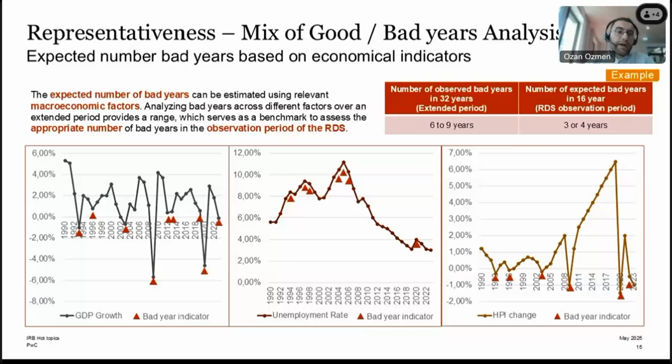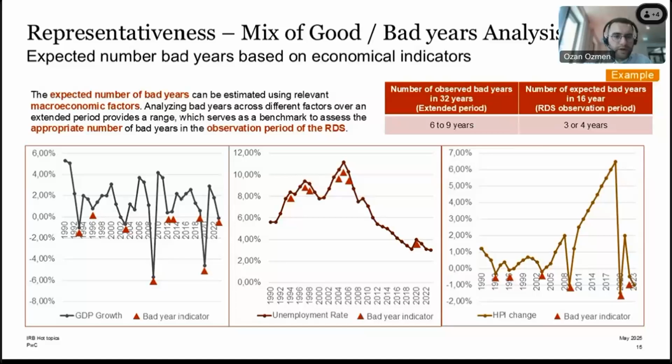So the idea is to have a benchmark of the expected number of bad years. We are now investigating 33 years, and whatever number of bad years we see based on the macroeconomic indicators, proportionally we should see the same number of bad years within our RDS observation period.